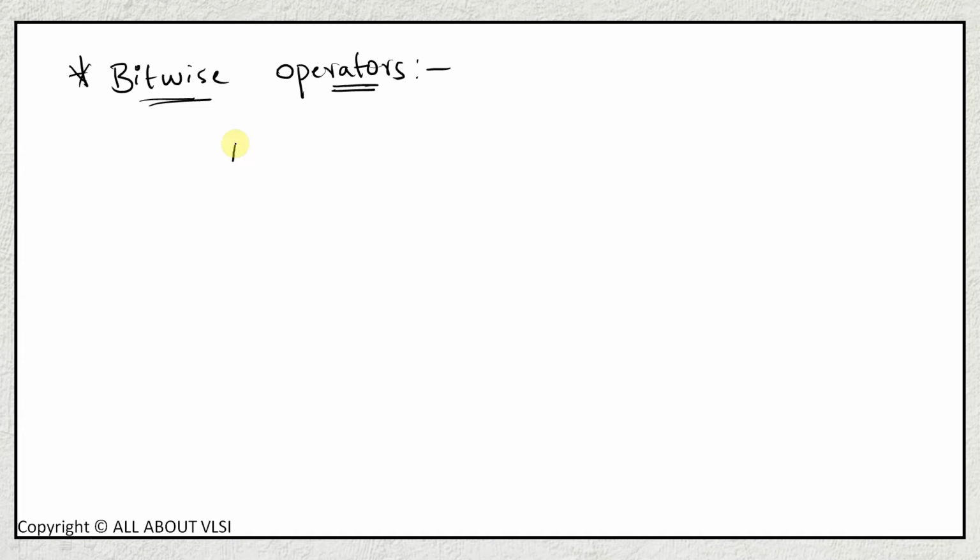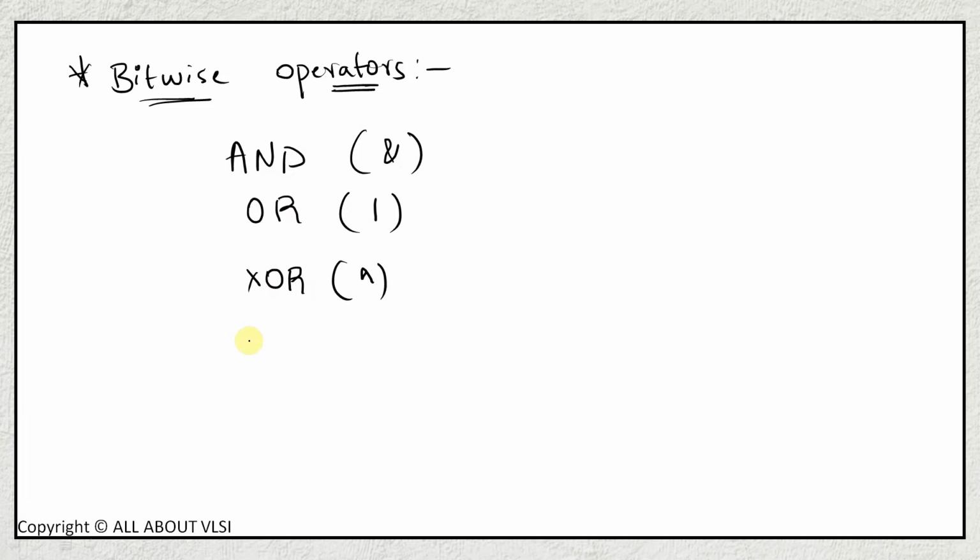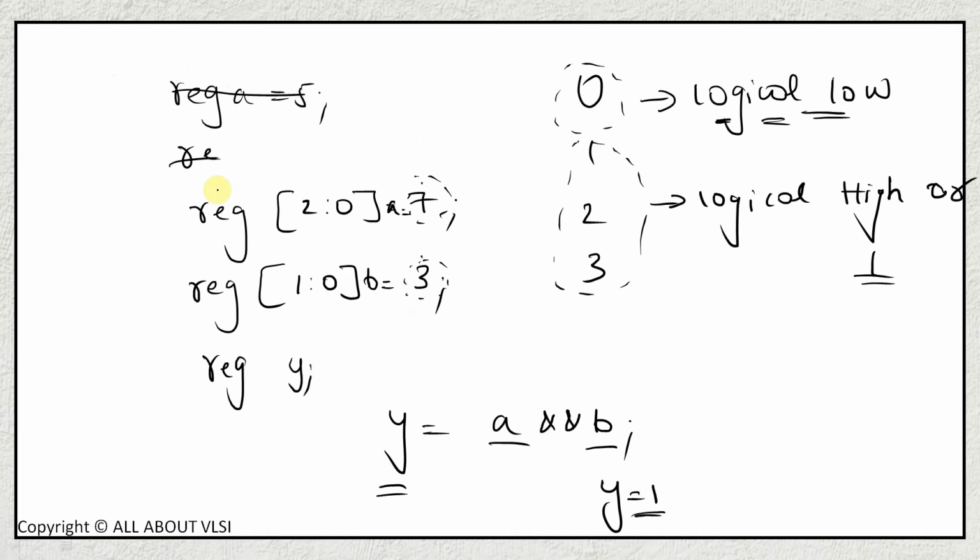We have the bitwise AND operator, single ampersand, and the bitwise OR operator. This is your bitwise OR operation symbol, then the bitwise XOR operation, and we have the negation operator. This is bitwise negation, and if you have this exclamation mark, this is the logical NOT operation.